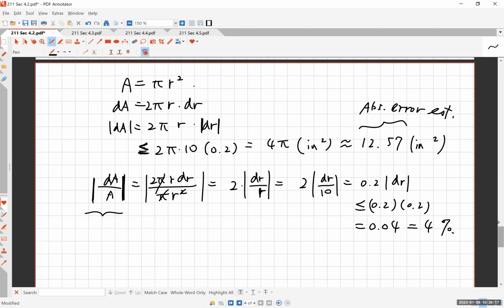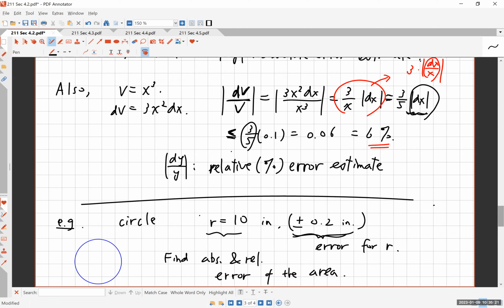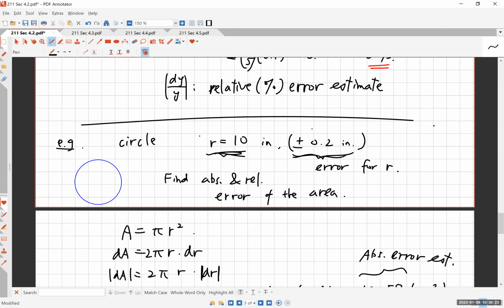What this is saying then, by the way, is that if r is 10 and the error dr is 0.2, that is 2%. 20% of this would be 2 inches, and 2% will be 0.2 inches.